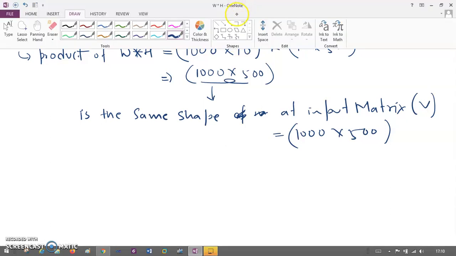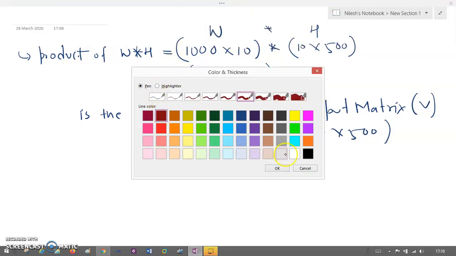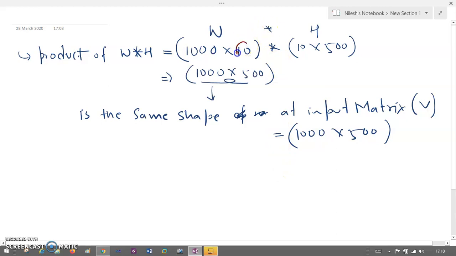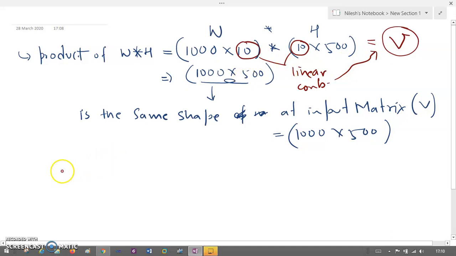Let me point it out over here with the red color. When you get V here, this 10 is a linear combination inside this V matrix.